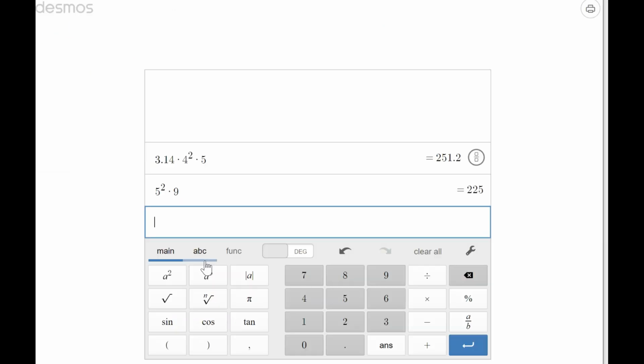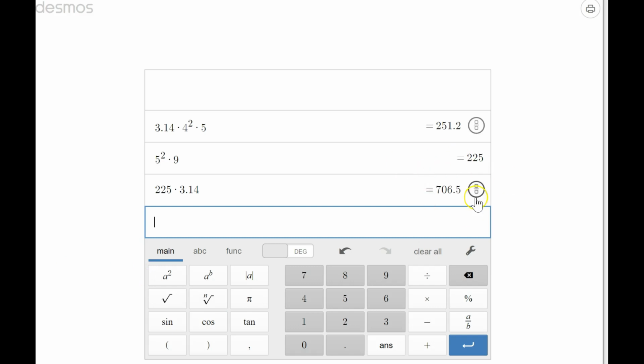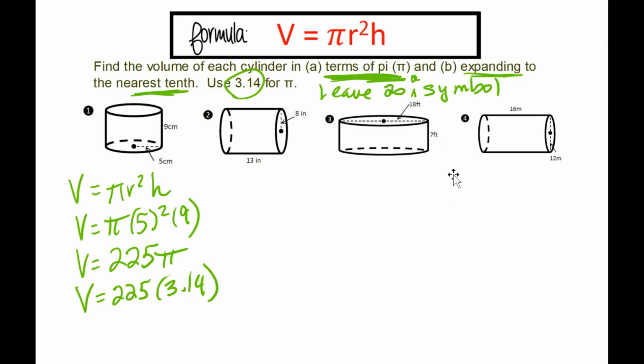So I go back to Desmos and take that 225 and multiply it by 3.14, and notice that Desmos gives me the answer. The answer is 706.5. So the volume is 706.5. What are our units? Centimeters, and because this is 3 dimensions, it's going to be cubed.